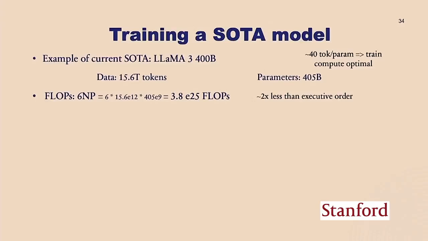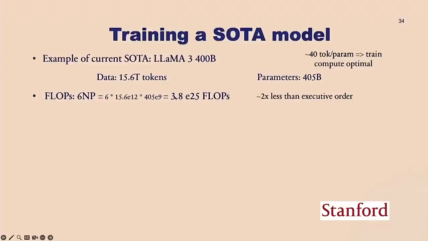Flops for this model. One simple way to compute flops is 6 times the number of parameters times the number of data that you train on. If you do the simple calculation here, it's 3.8E25 flops. The reason this is important is that if you followed the news a little bit, there's an executive order from Biden that basically says that once you have 1E26 flops, you have special scrutiny on your models.